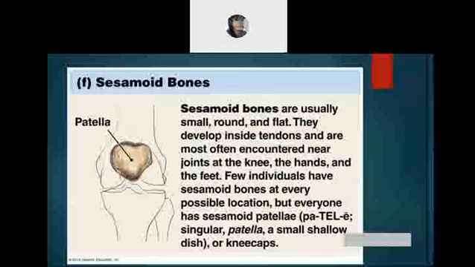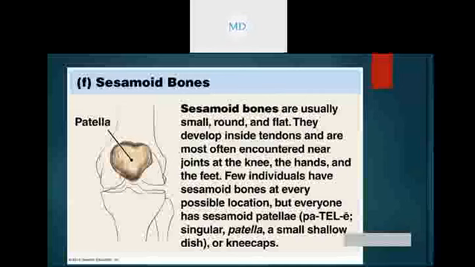Means what? These sesamoid bones are mostly involved in the connection part. How will I say? If you tie a knot, or tie a string, in the middle you will find something round shape, na?